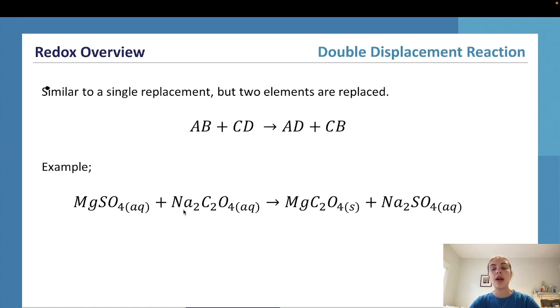You don't need to worry about that too much in terms of your exams and this syllabus, but I just thought it's useful to point out that although this can appear not to be redox, it is still considered a redox type reaction and still can be a redox reaction.